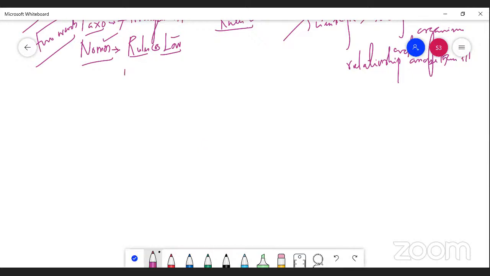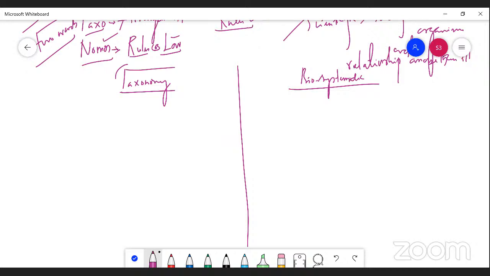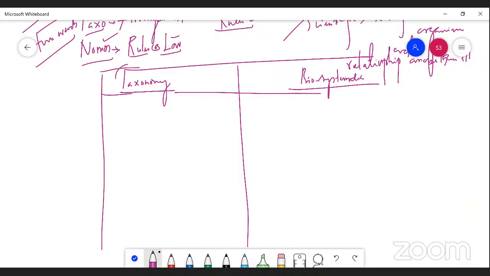First of all, taxonomy. What is the first one? Classifying organisms on the basis of taxa.